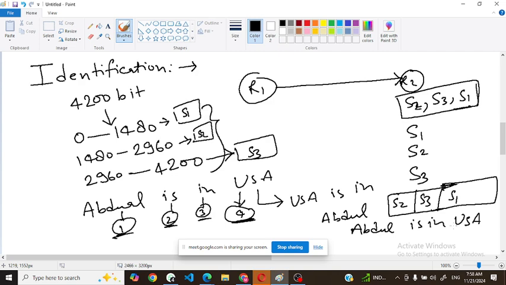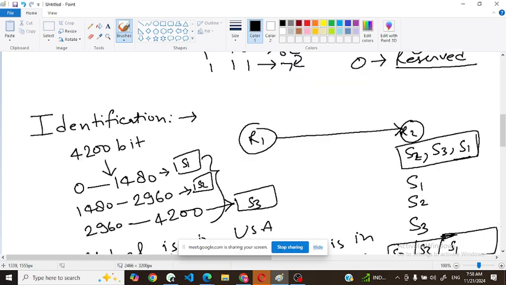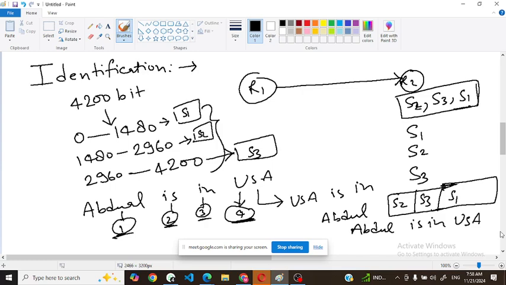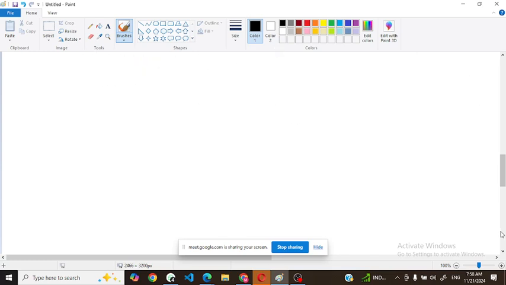Now we will discuss the flag. So there are three flags. First one is reserved.